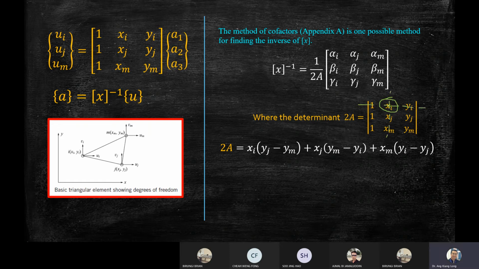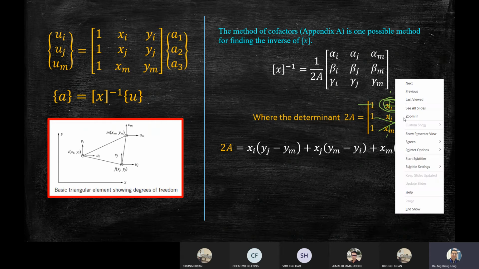I think you can recall from your advanced mathematics or calculus class how to find the determinant. I think Engineer Ma will teach you this one. When you select this one, you only have these 2 left, right? So you take this one minus this one, 1 plus ym minus yj and so on. So there are steps there.